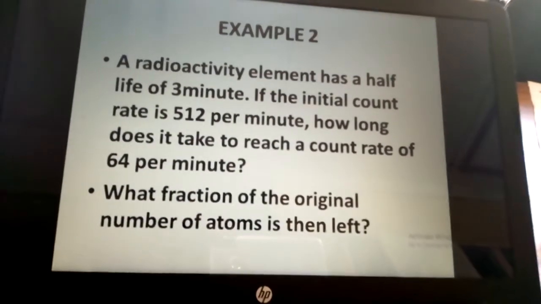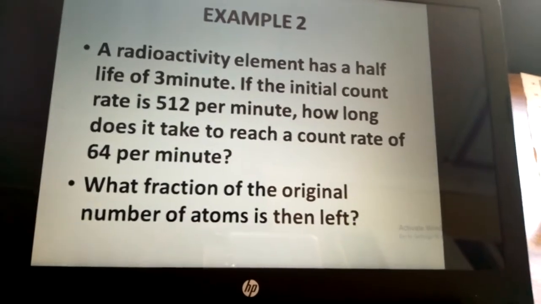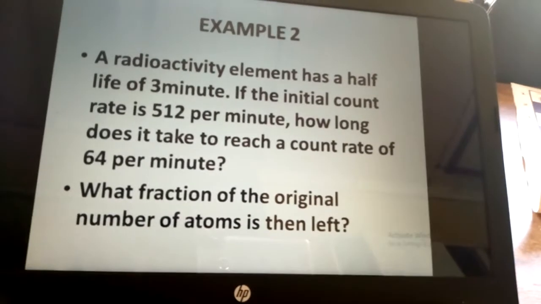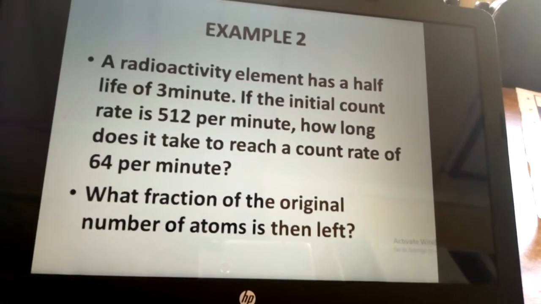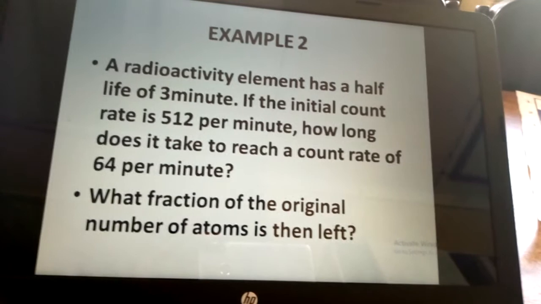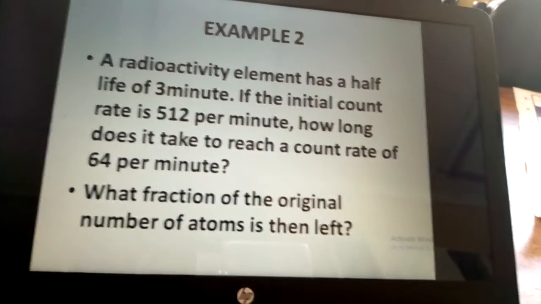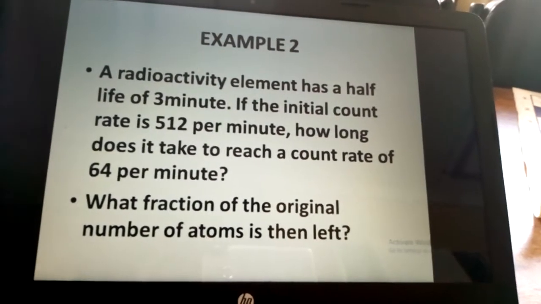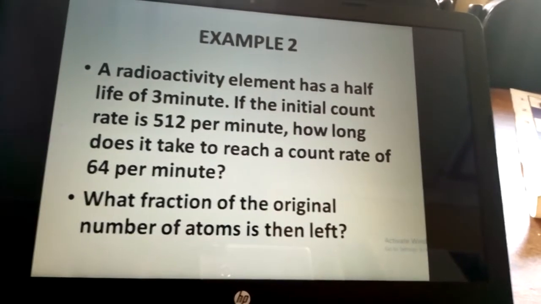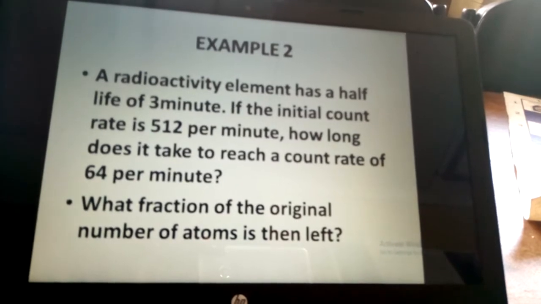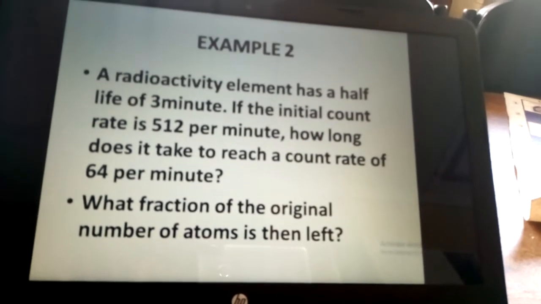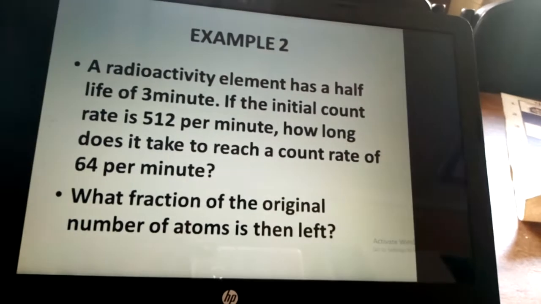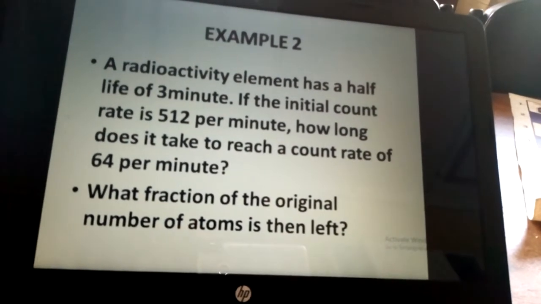So let us look at it step by step. First half-life of 3 minutes: half of 512 will decay, half of it will remain. So we are talking of 512 divided by 2, which gives us 256. So 256 gone, 256 remaining.